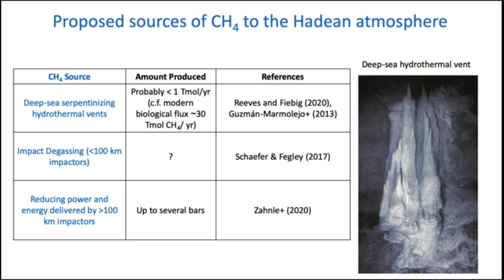But volcanoes aren't the only possible source of methane in the Hadean. People have suggested a few other possible sources. Some have proposed abiotic methane from deep-sea serpentinizing hydrothermal vents. We have hydrothermal vents on the modern Earth, like the one shown in this photo right here. And some of these vents have dissolved methane floating around them.